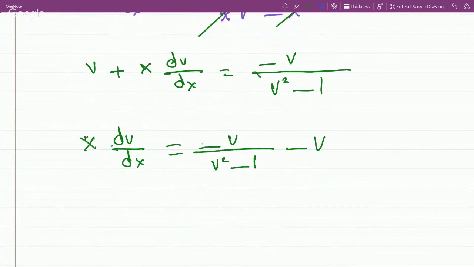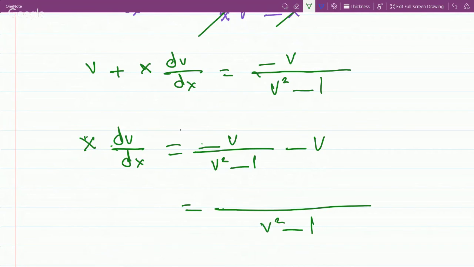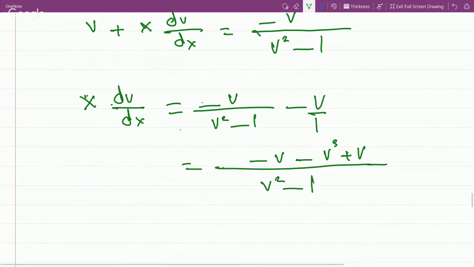Now we can simplify the right hand side. Common denominator v squared minus 1, so this becomes minus v minus v cubed plus v. I multiply here and there by v squared minus 1.